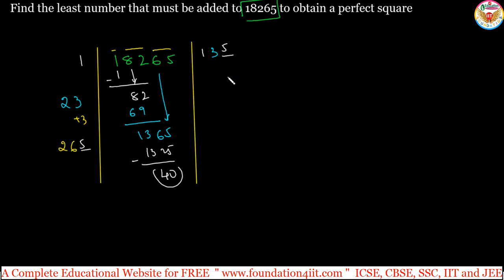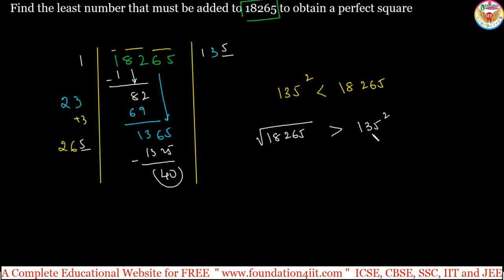40 extra we got. Hence the required number: this is actually 135 only we should take. That means the number is greater than 135 square, because we got a remainder. So this number, the square root of 1,82,065, is clearly greater than 135 square.